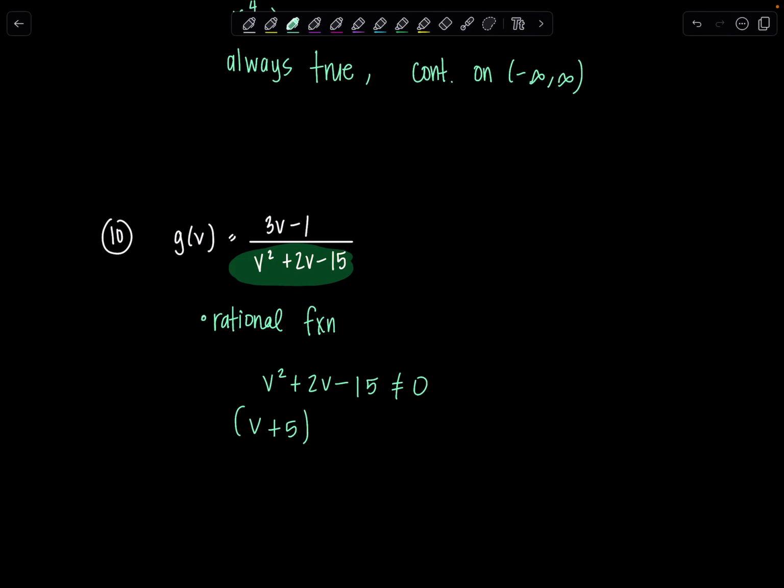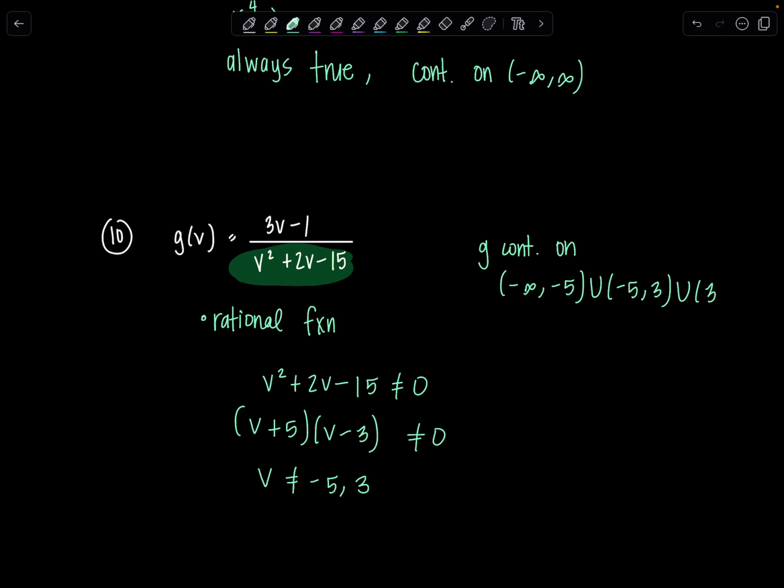V plus 5, v minus 3, right? So that means v can't be negative 5 or positive 3. Otherwise, g is continuous everywhere. So g is continuous on, let's write it in interval notation, negative infinity to negative 5, union negative 5 to 3, union 3 to infinity.